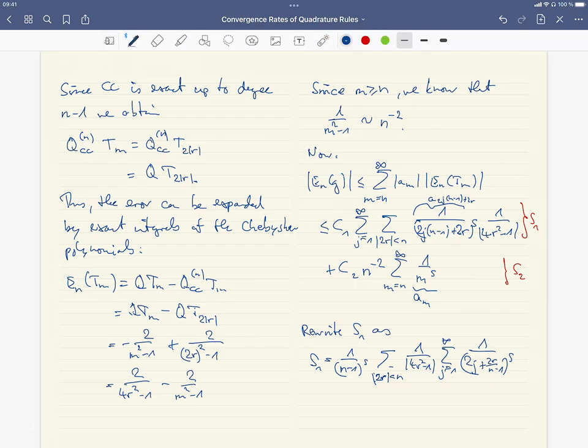So now comes some classical analysis. So the first term here, even if the r runs from minus infinity to infinity, this would have a finite sum, and so does this one.